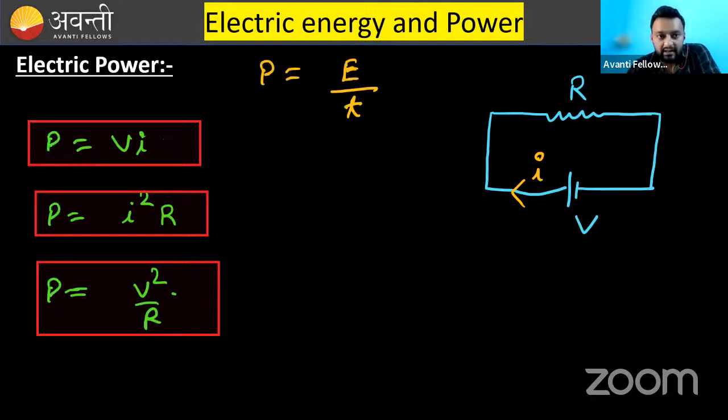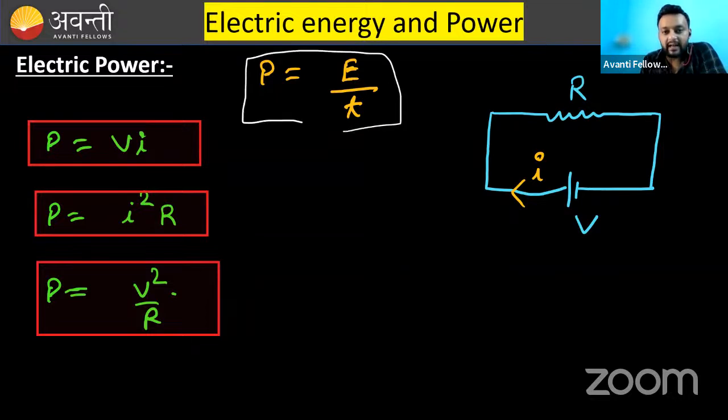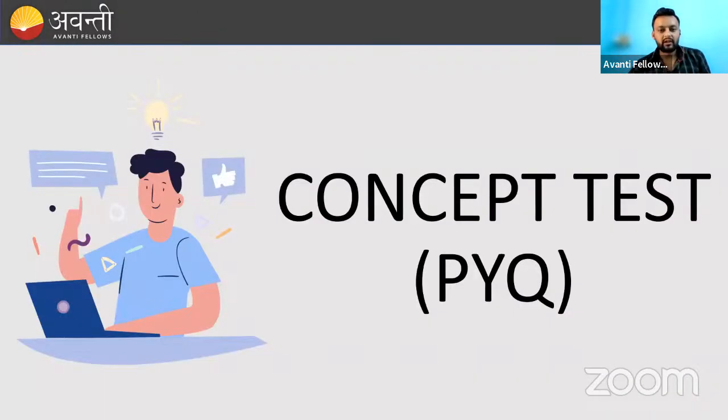If you know the electrical energy, then the electrical power will be energy divided by time. Energy divided by time will be the power. So again, the t term will be cancelled out, and this is what power is. You need to remember the formula, take a screenshot and remember it.